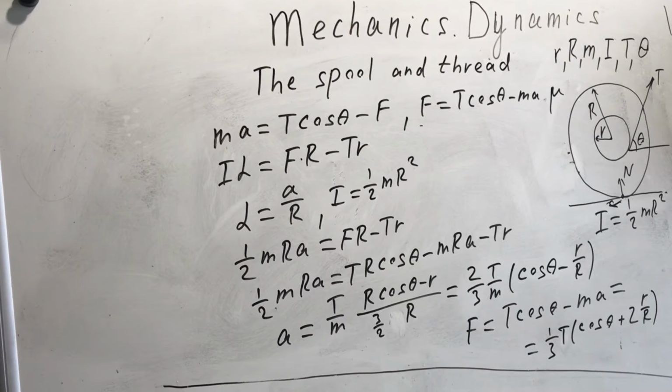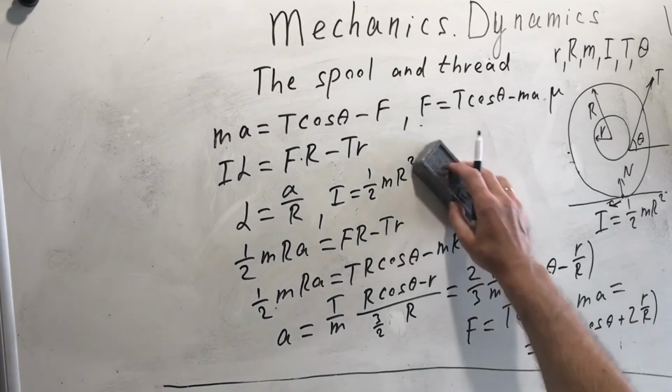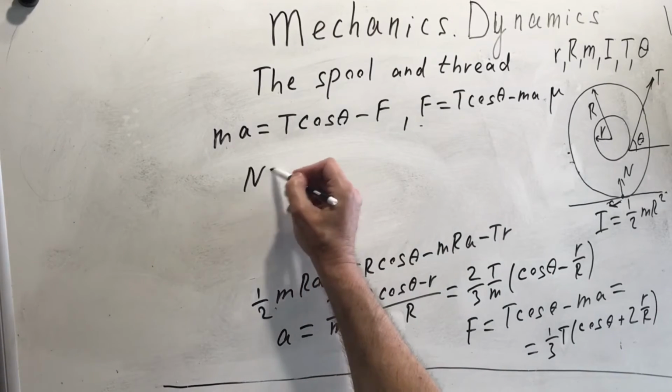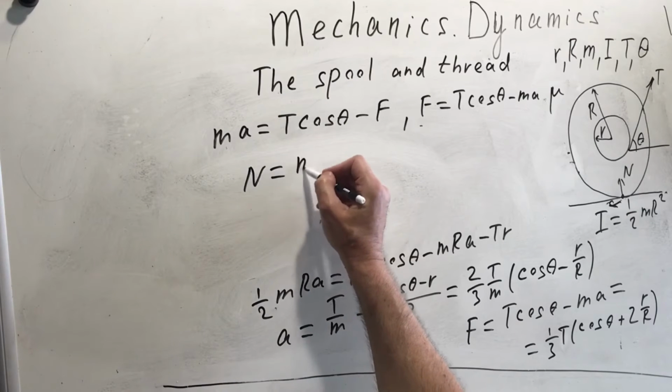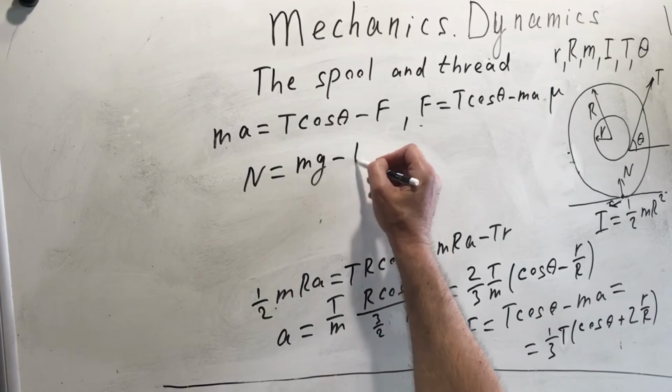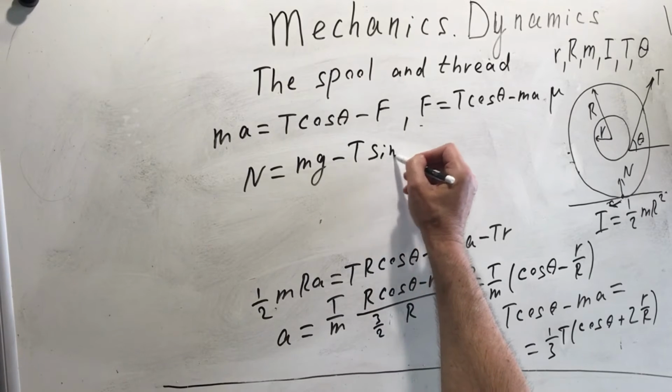And we need to calculate what the normal force is. Normal force equal mg minus T sine theta.